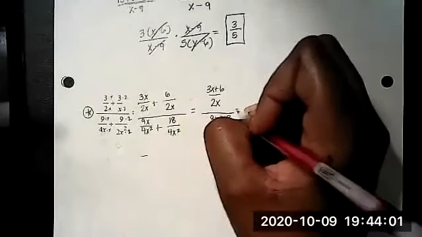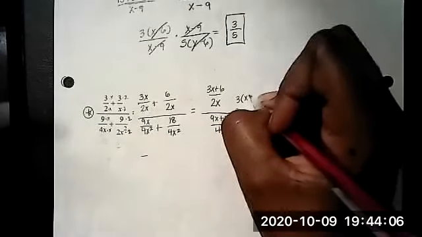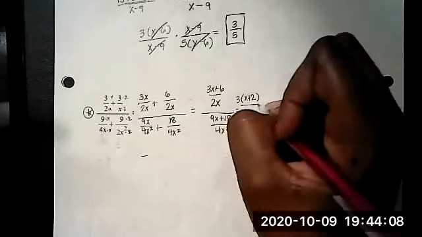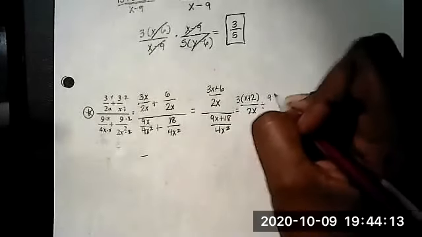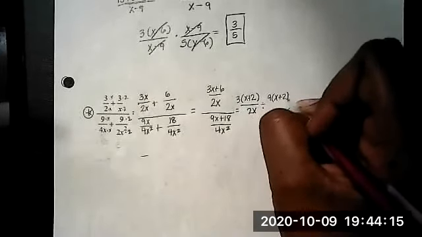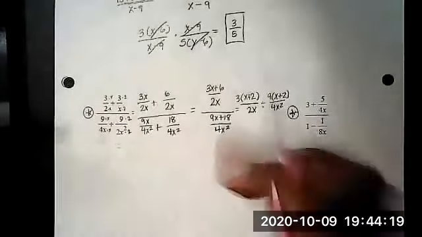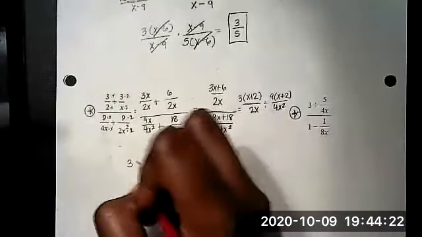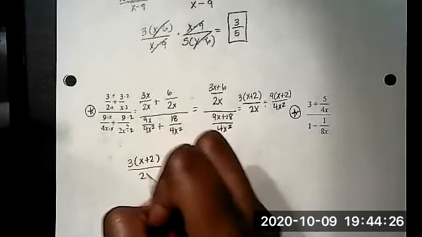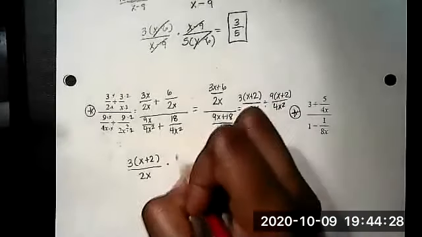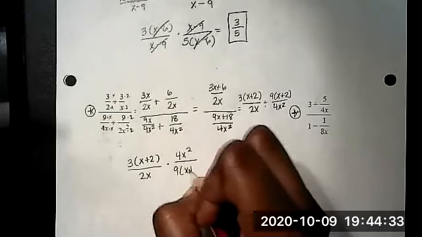If you want to take something out there, you can. That looks like a 3 comes out, and this becomes x plus 2 all over 2x, divided by, I'm taking 9 out here, x plus 2 over 4x squared. And if I had to multiply them, which I do, 3 times x plus 2 over 2x times the reciprocal, 4x squared over 9 times x plus 2.